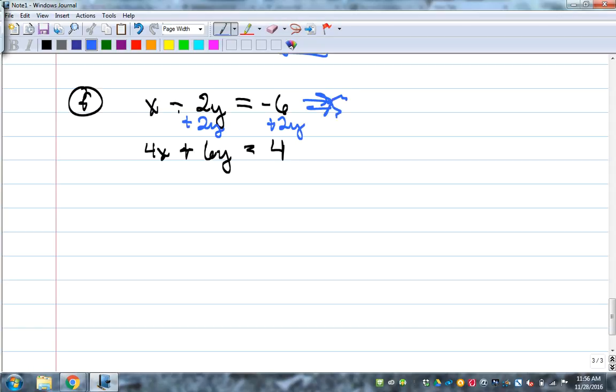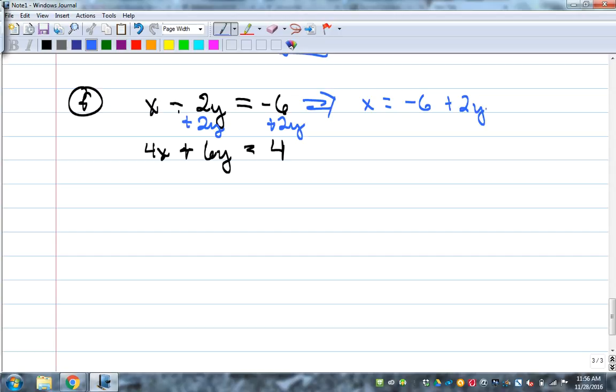You can't add them, they're not like terms, but you can have them over there and have -6 plus 2y, just written like that.